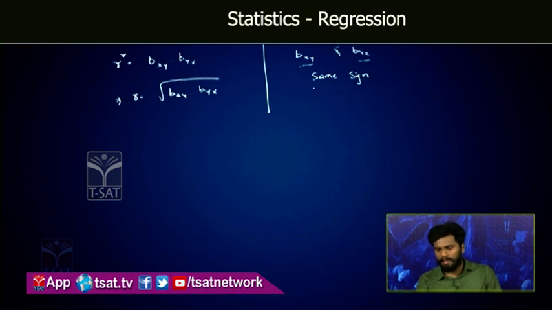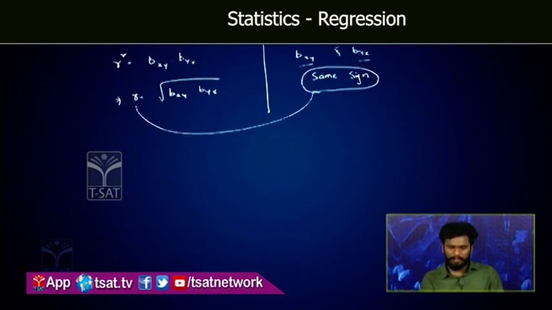Whatever the sign these two regression coefficients take, the same sign will be taken by the r value also. So, if b xy is negative, b yx also takes the negative value and r will also become negative. That means we will put a negative symbol here. If both are positive, r will also take the positive value.